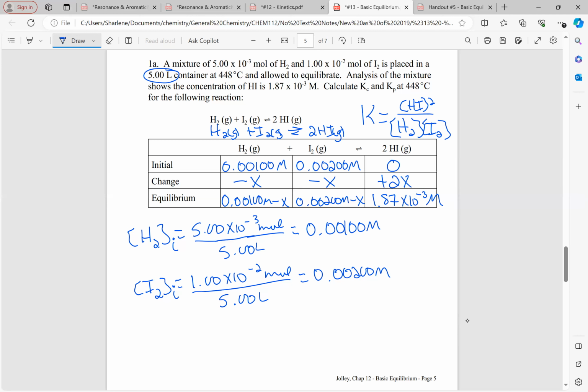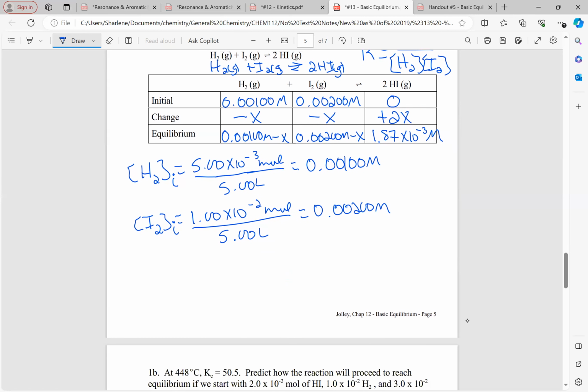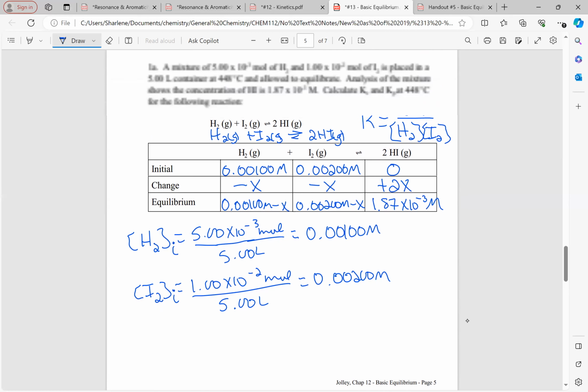Now, if that bothers you to put the equilibrium value on the same line as the ones that I got from the table, definitely make two lines, one for calculated from the table and one for given. But as long as you keep them separate in your mind so you know which one and when to use it, that's absolutely fine. All right, and now I filled out my table.